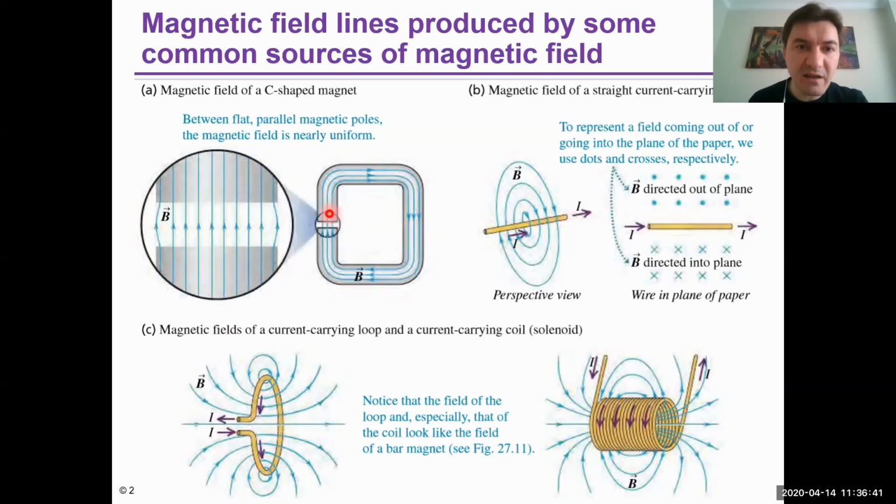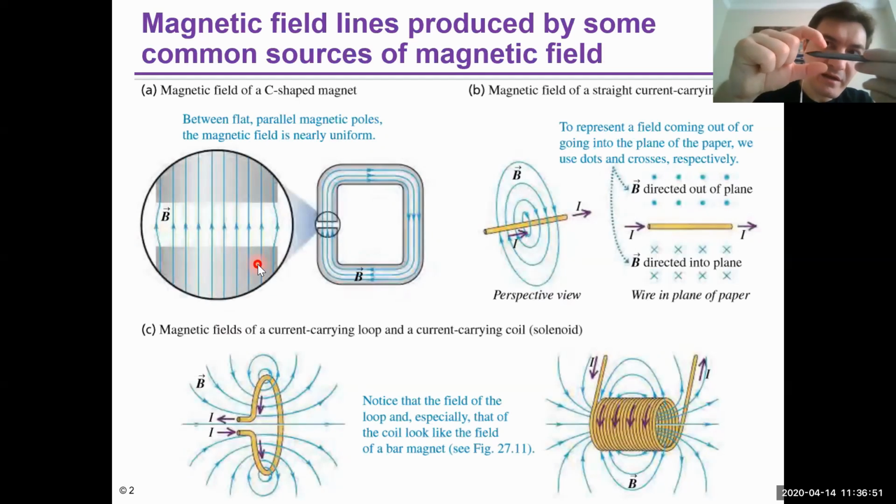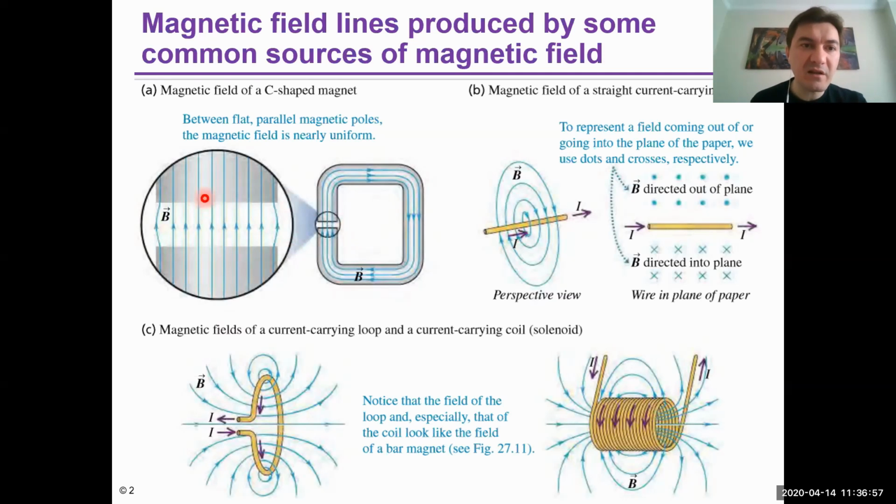And we have magnetic field lines like this within the magnet. And here there is nothing, there is an interval because it is a C-shaped magnet. And what are the magnetic field lines in that region? If you magnify it, magnetic field lines are like this. They are more or less homogeneous, just between the magnetic poles.